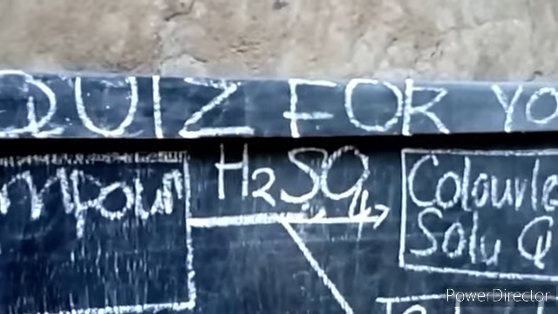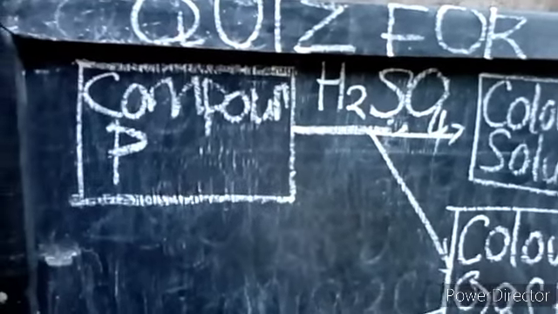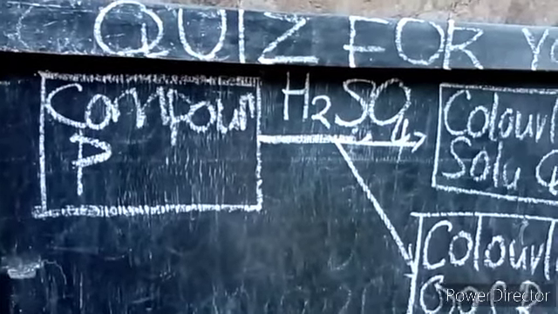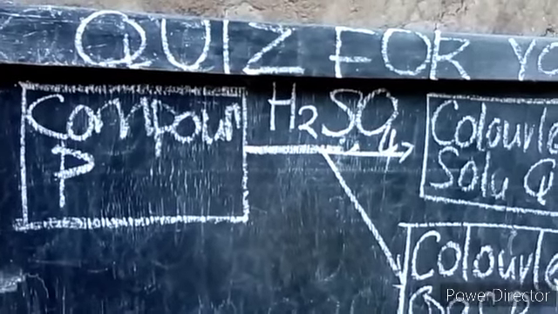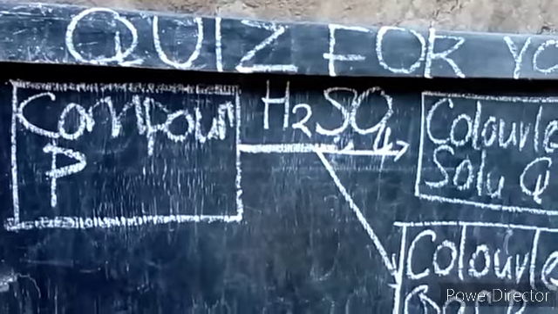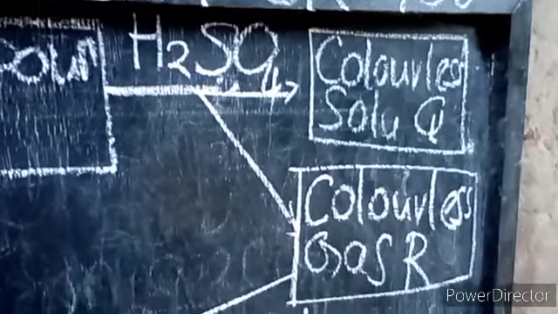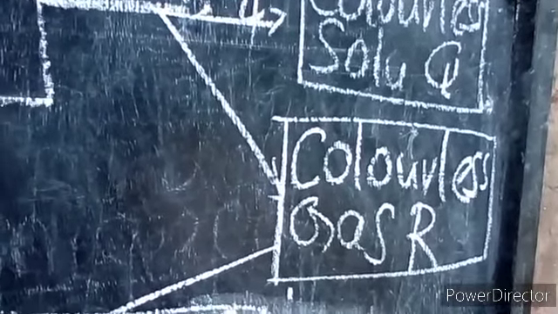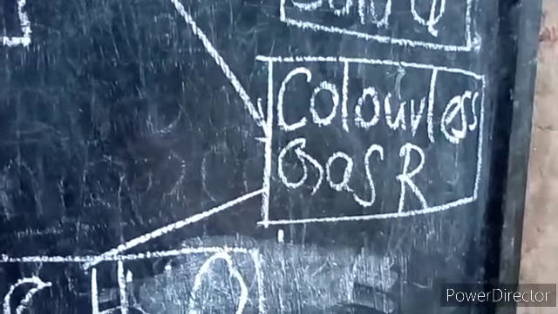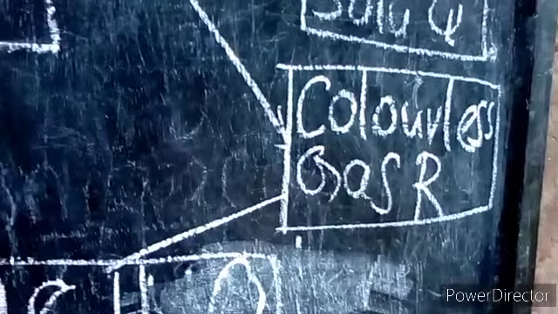So we have a quiz for you. Here we have the compound P. Compound P was reacted with sulfuric acid, forming a colorless solution Q. Apart from the colorless solution Q, there's production of a colorless gas R. This colorless gas R was passed through lime water.